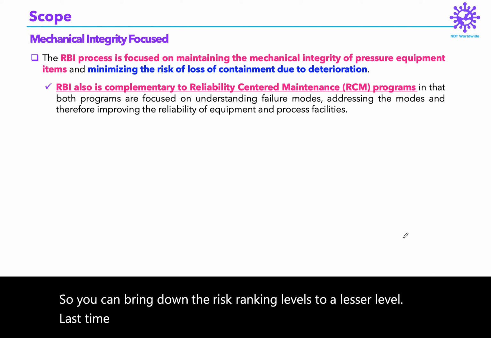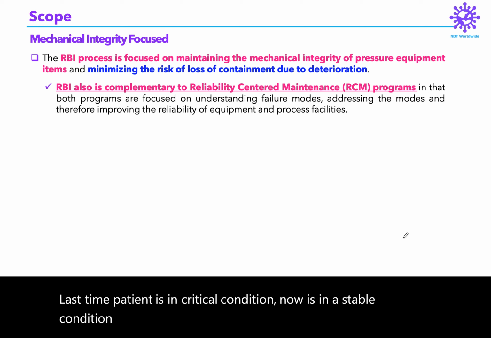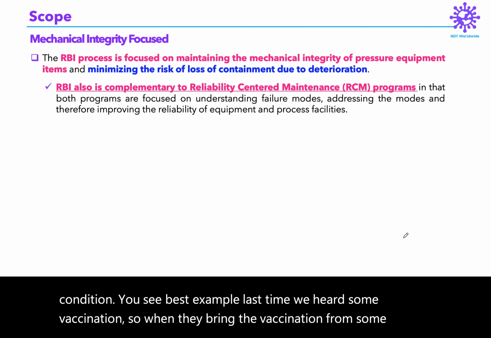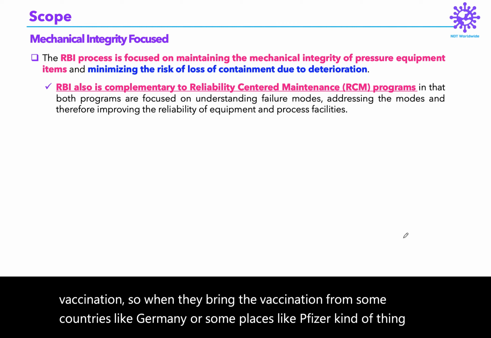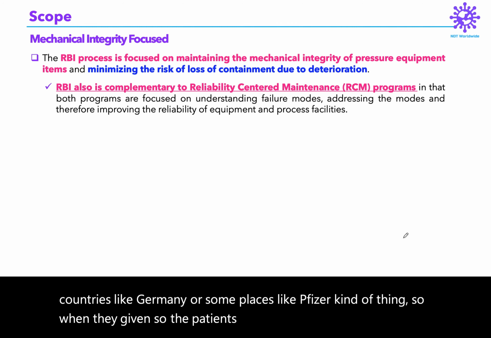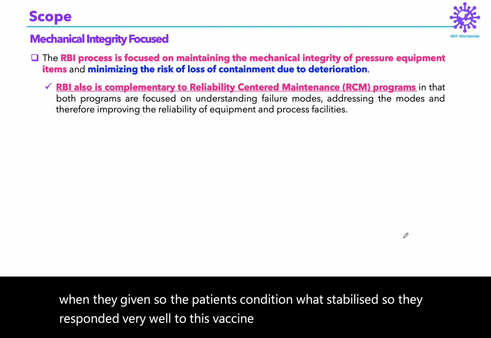Last time the patient was in critical condition, now he is in a stable condition. You see, best example, last time we had some vaccination. When they brought the vaccination from some countries like Germany, some places like Pfizer, when they gave it, the patient's condition got stabilized. They responded very well to this vaccine and they reduced the fatalities.